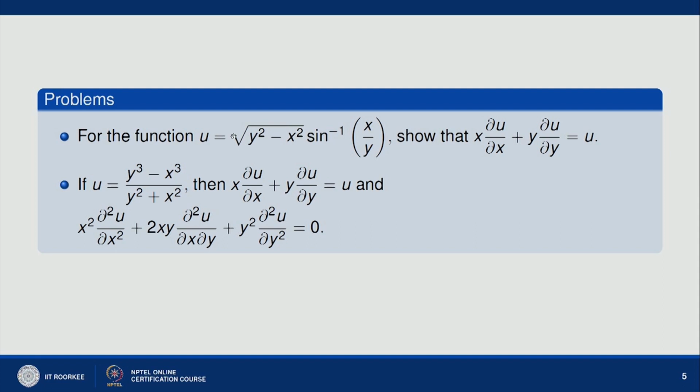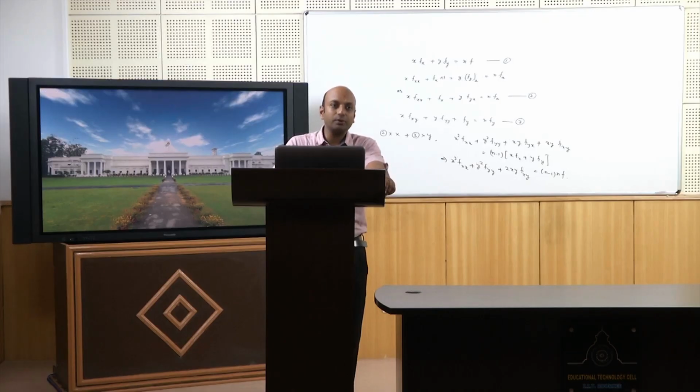So, basically the degree of this function is 1. By Euler's theorem we can easily say that x ux plus y uy is equal to nu, and n is 1. So, it is equal to u directly by Euler's theorem. So, the first problem is over.